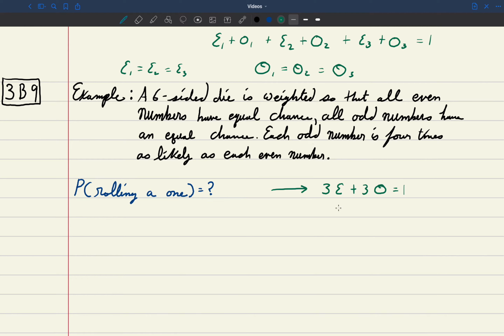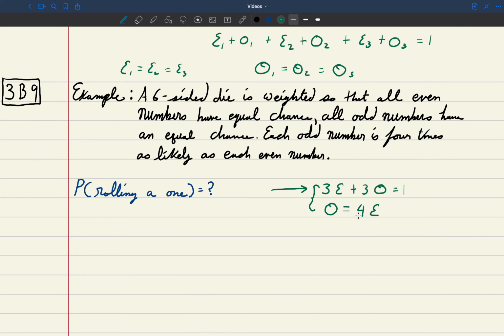So it takes 4 evens to make 1 odd. And with these 2 equations and 2 unknowns, I can solve the entire problem. I can solve for every number. They want specifically the probability of a 1, but I can solve for all of them.